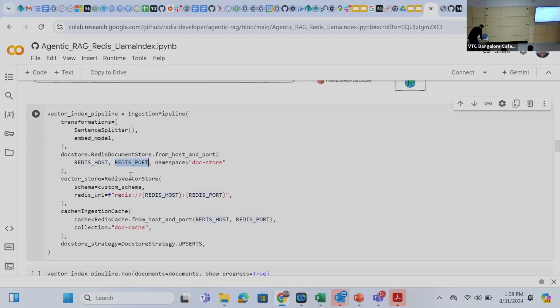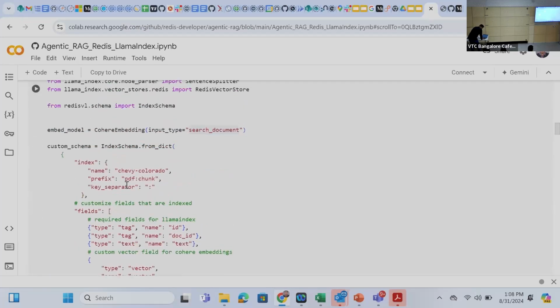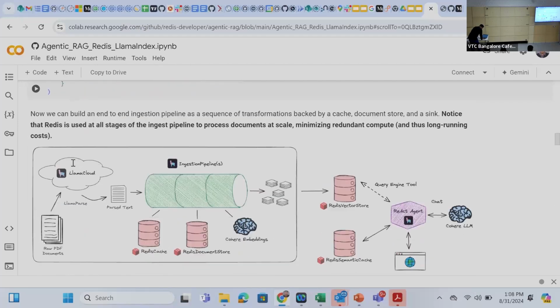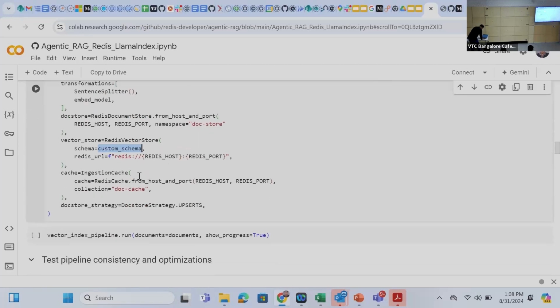As part of your Redis vector store, you're even giving the custom schema that I just mentioned above. It's basically instructing your vector store that this is the schema I want you to adhere to, and this is the URL on which it will be hosted.